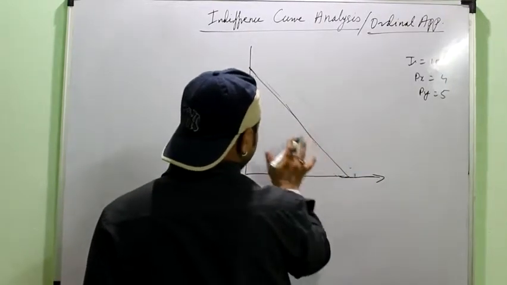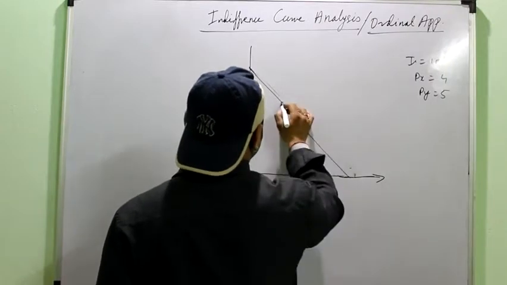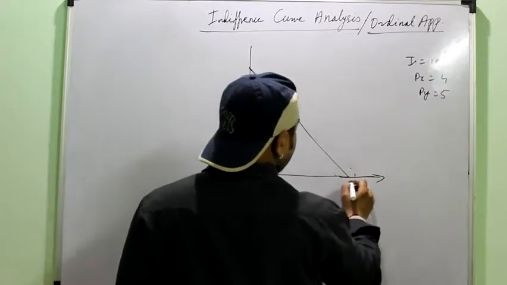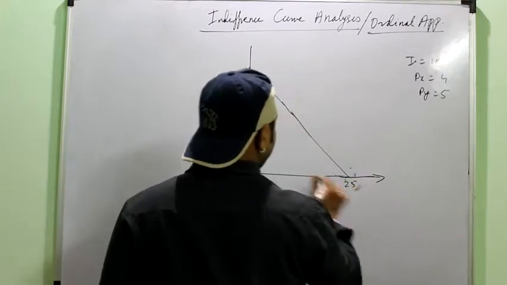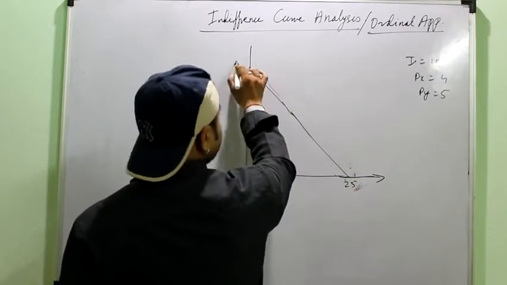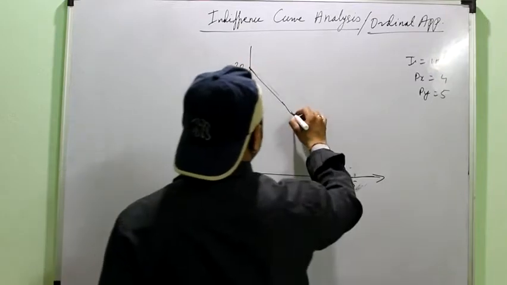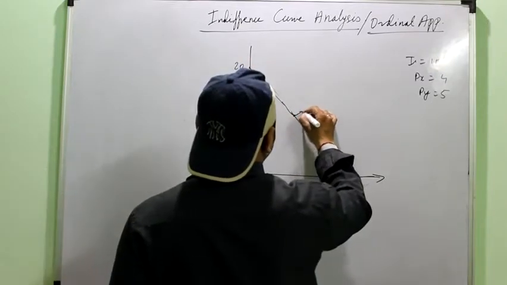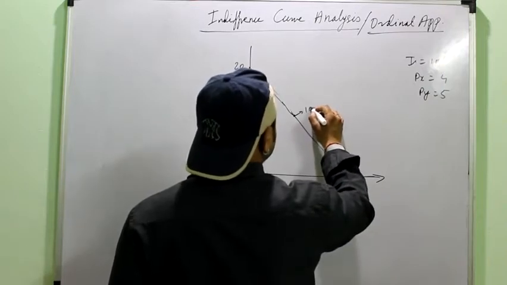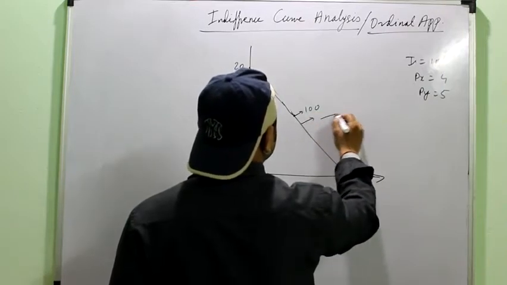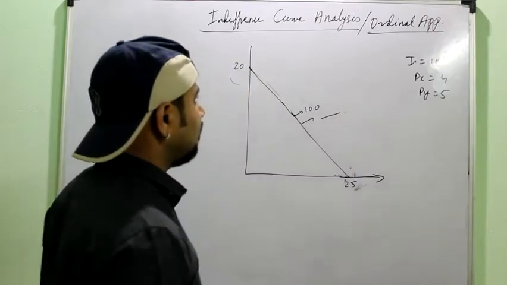You should always draw a straight line. You can use a scale to draw a straight line. It would be 25 and 0, or simply 25, and this would be 20. And at any point where the consumer is consuming, the income would always be equal to 100.